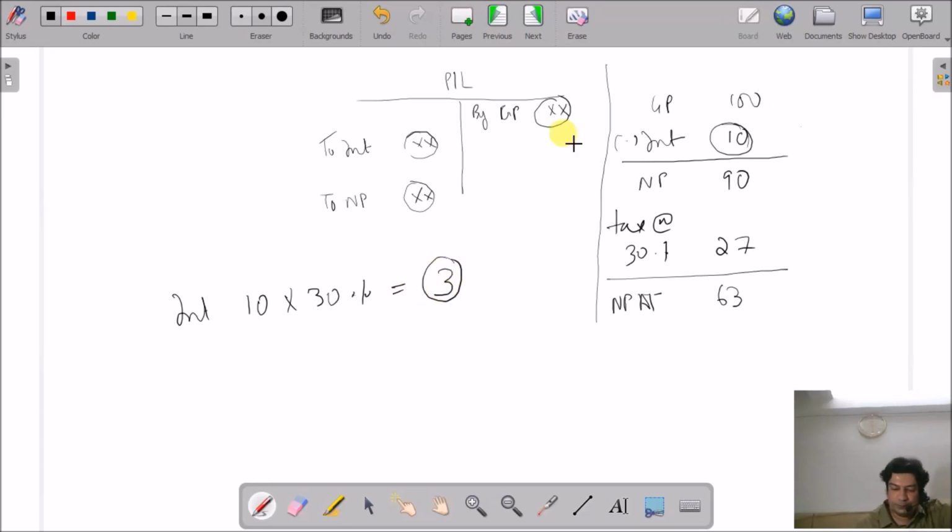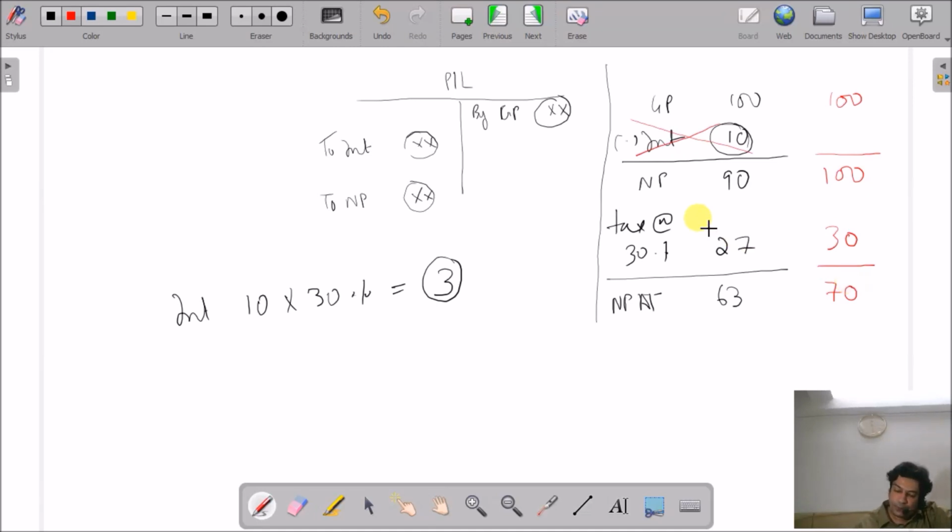For example, let us suppose that if there is no interest payment, how much tax will you pay? 100 rupees is your gross profit, your net profit will be 100, tax will be 30% on 100, 30 rupees. So your after tax profit is going to be 70.